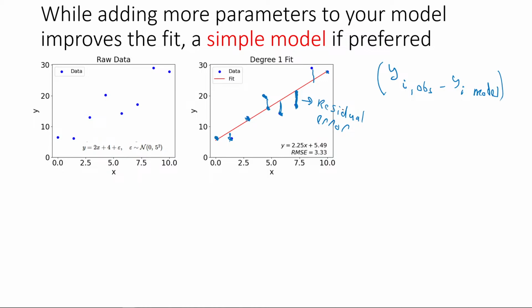Then you square them. Why do you square them? Because if you didn't square them and you just summed them, the positive and negative errors would cancel, and you would think that you don't have any error just because they canceled out.